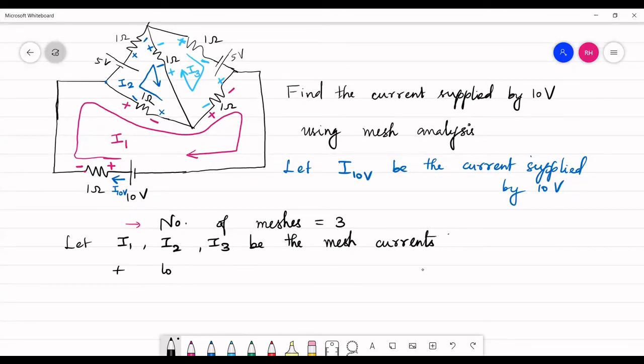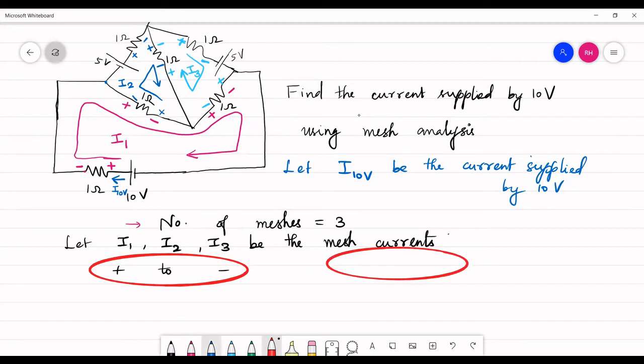So we are going to split it as plus to minus on one side and on one side you have plus to minus and on the other side you're going to have minus to plus. Okay, so I have split the page into 2 halves. So now let me apply KVL to mesh 1.